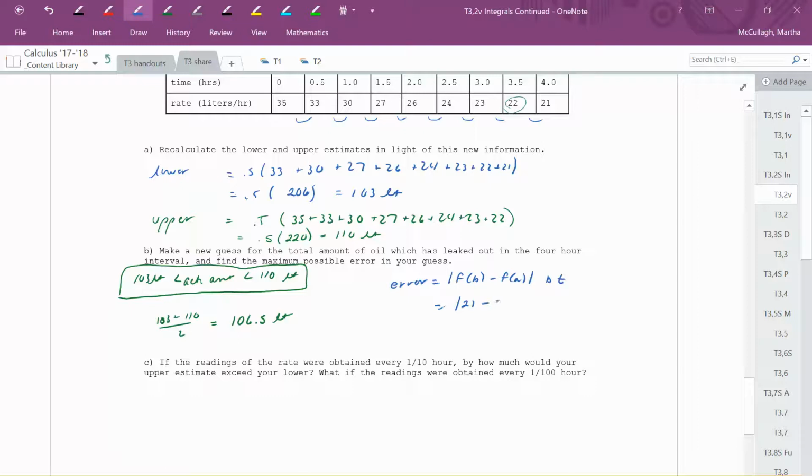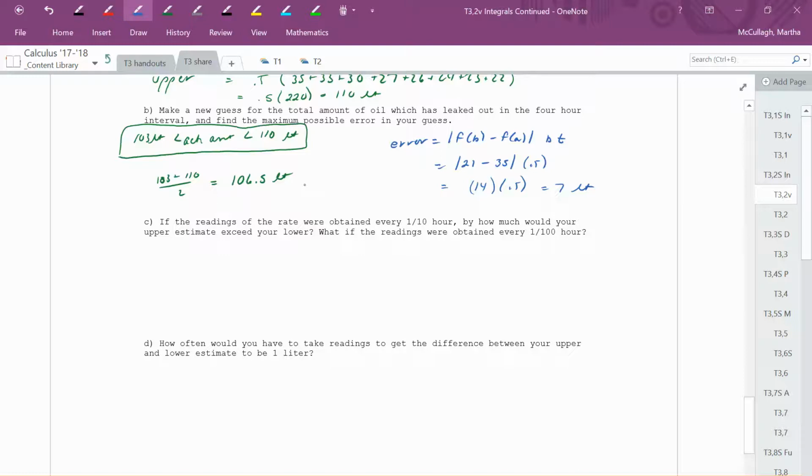My F at A is still 35. But my delta T now is 0.5. So I've got the absolute value of negative 14 times 0.5 is equal to 7 liters, which we intuitively got by going from 103 to 110. So the difference is 7 liters.